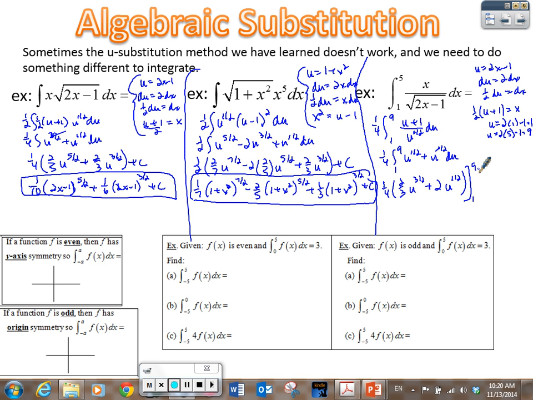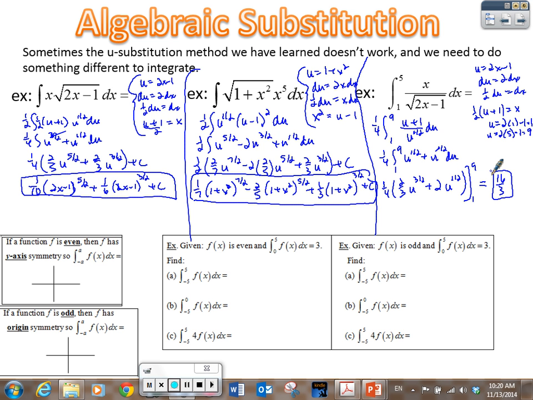Now, just for time's sake, I'm not going to sub that in and work through the arithmetic. I will tell you what, if you do that, you will come out to have 16/3 as your answer once you do your f of b minus f of a. And so that's algebraic substitution.